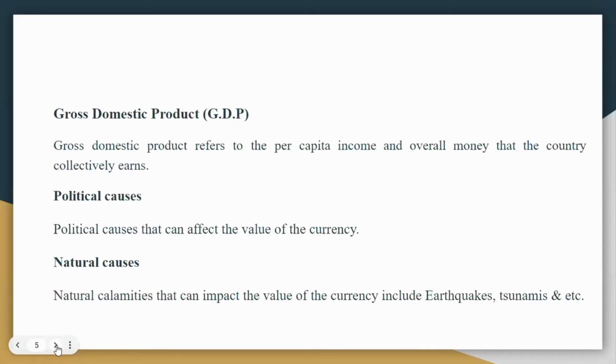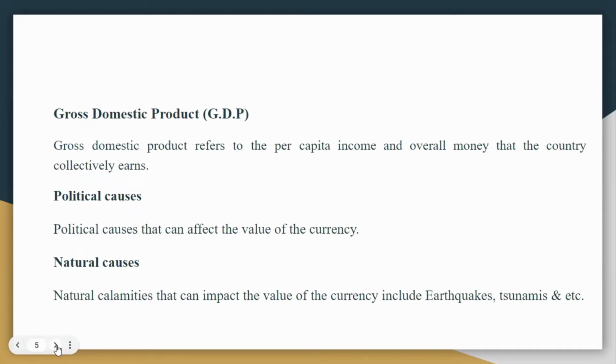Gross domestic product. Gross domestic product, GDP, refers to the per capita income and the overall money that a country collectively earns. You have to look at the GDP of the country to see if the currency will do well or not. There are different opinions on how the GDP of a country has to be assessed.